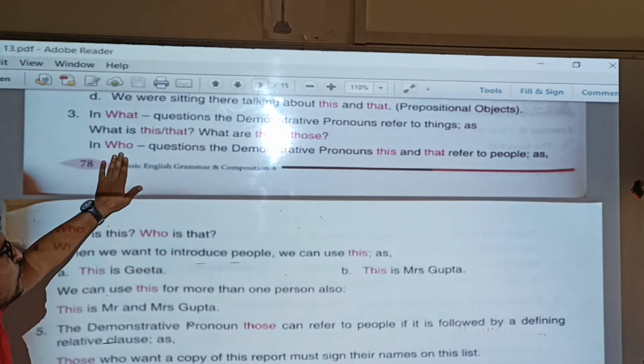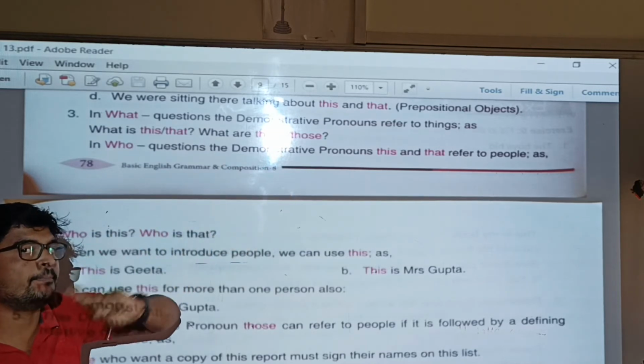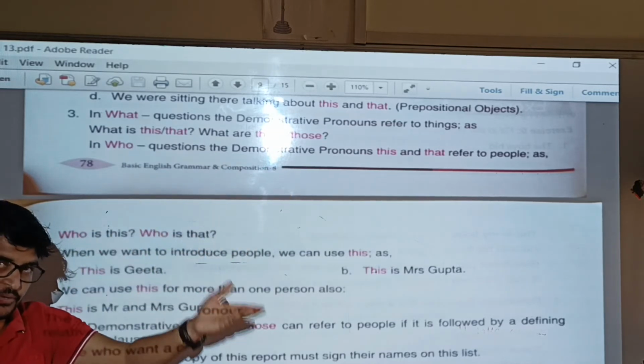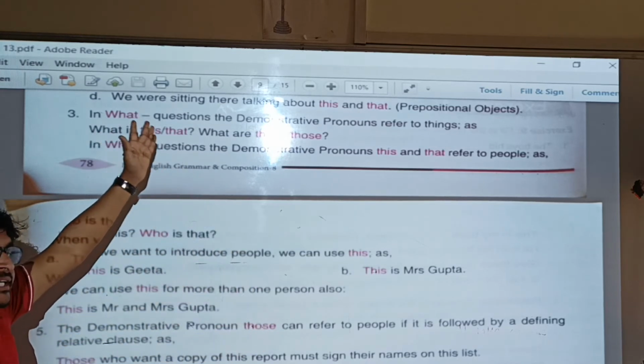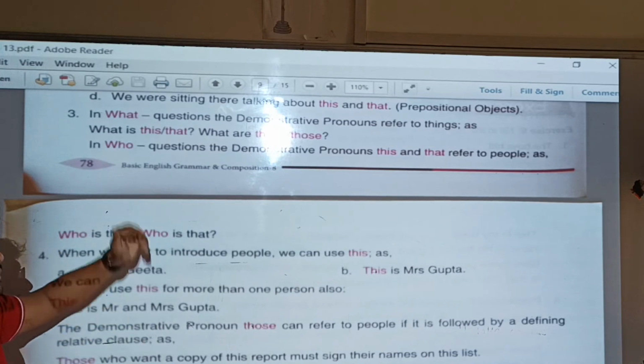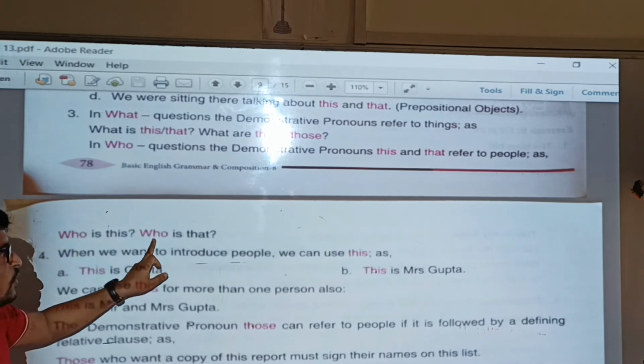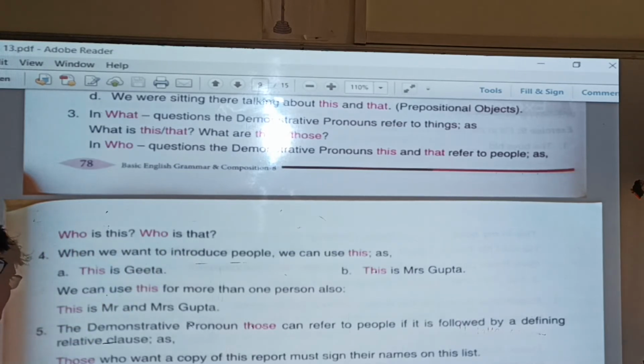In who questions the demonstrative pronouns this and that refer to people. Who is this? But what के साथ आएगा तो things ही होगा और who के साथ आएगा तो persons होगा. Who is that? Who is this? These refer to people. Okay, clear?